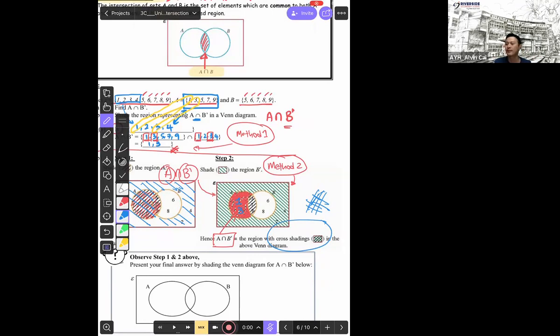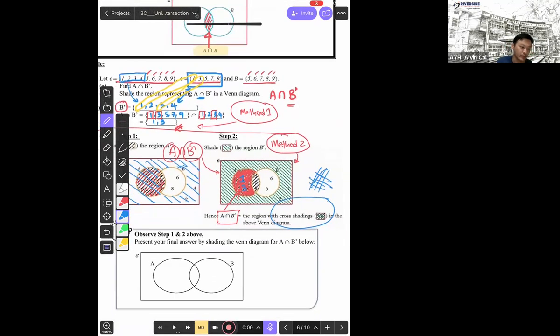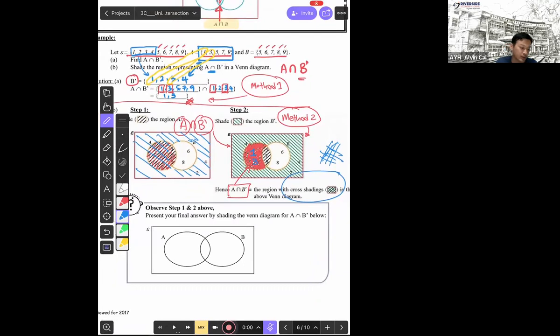Is that right? Okay, so below there's just an example of it. You're supposed to just draw the final answer, present your final answer. Because we cannot give the answer in such a messy manner, where there's a lot of shading here and there.